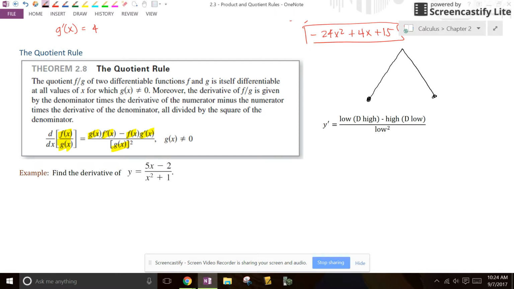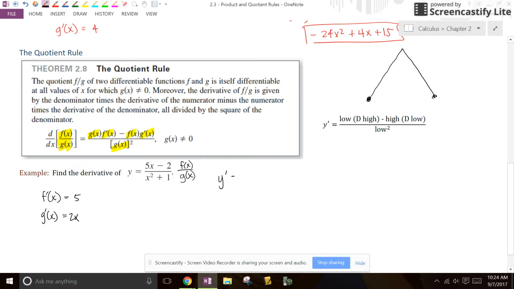So let's try it. You have the top, the first thing, which I will call f of x. You have the bottom, which I will call g of x. And so now, f prime, or the derivative of f, would be 5. The derivative of g would be 2x. And now I can go ahead and find the derivative of this crazy fraction.